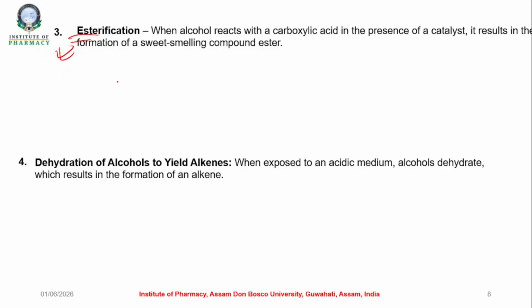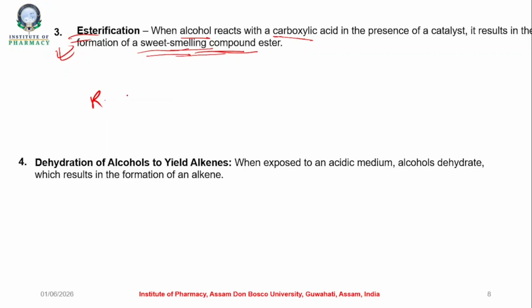So in this we have a carboxylic acid, which reacts with alcohol to give a fruity smelling compound, which also helps in the identification. I will show it with the reaction.